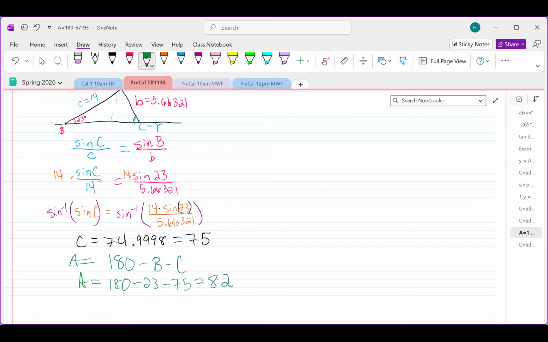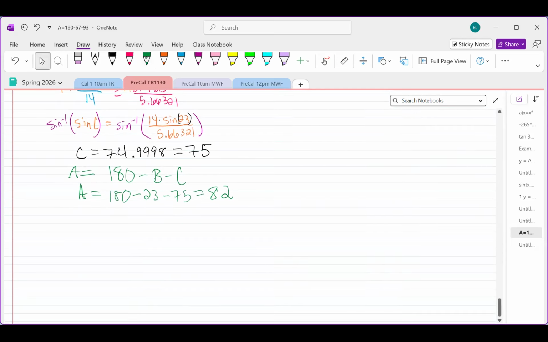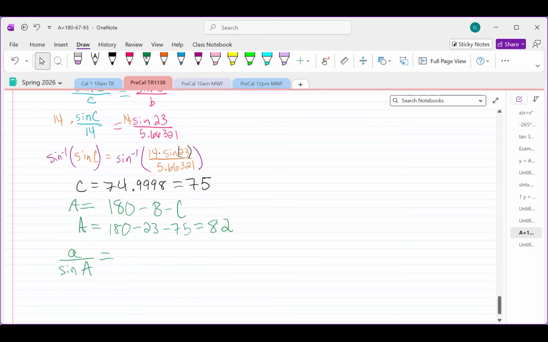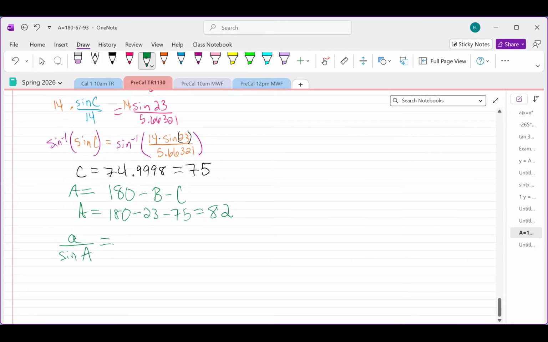Now we need to find side A. So we'll have A on top and then the sine of angle A on the bottom. And then here we can use B, and side B has all those decimals, or since we found angle C and that's a whole number and side C is a whole number, we can also use the C values here.